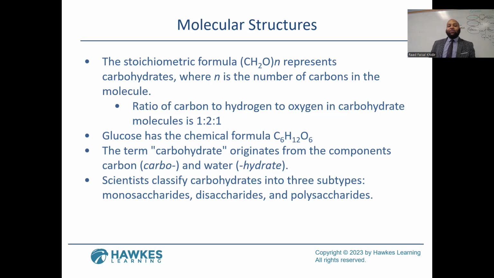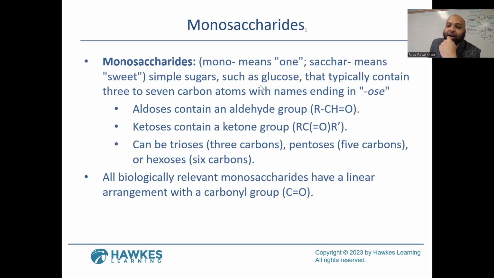Glucose has the chemical formula we've seen, and carbohydrate, you can tell from the name, carbon and water. Monosaccharides are simple sugars such as glucose that typically contain 3 to 7 carbon atoms with names ending in -ose.